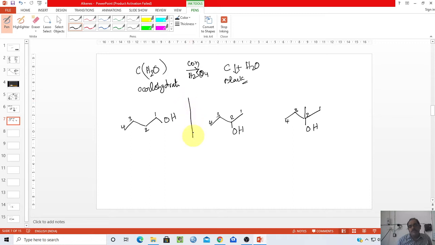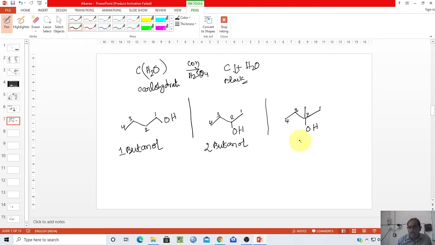So this is different and this is different. The third one is different. So this one, you know, all are butane systems. So it is butanol where the functional group is attached to the first carbon atom. So 1-butanol. This is also butanol, where the functional group is attached to the second carbon. So it is 2-butanol.